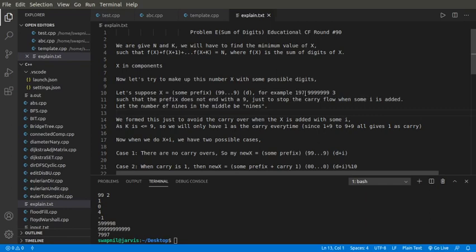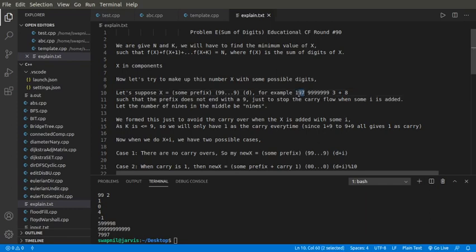I have chosen the prefix not to end at 9 just to stop the carryover part, just to stop the carry flow. That is when I add this particular number with some i, if I add with some i, then let us suppose I am adding here with 8, then this thing will get carried over this number, and the carry flow is getting stopped over here.